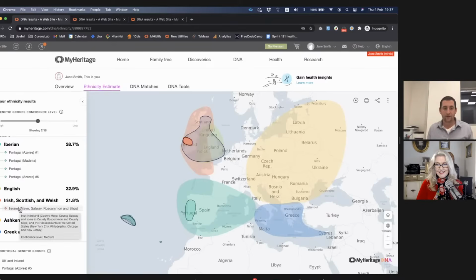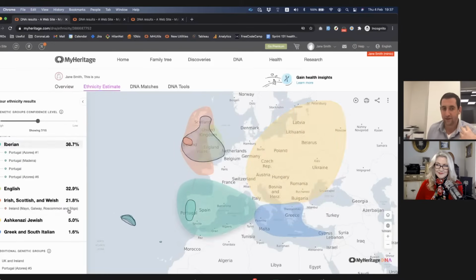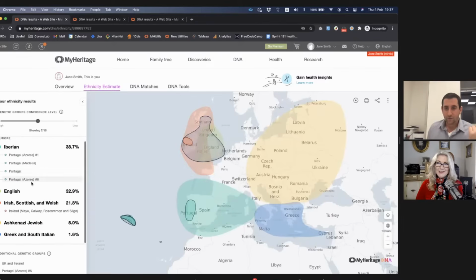So up till a month ago, we gave Jane a pretty big geographic region that we're telling her we see your ancestry coming from, or that you have ties from this place. And now we can narrow it down to 4 specific districts in Ireland that you can see highlighted on the map. You can also highlight from here if you prefer. So both the map and the list right here are interactive, and you can use them. We love that. That's really cool.